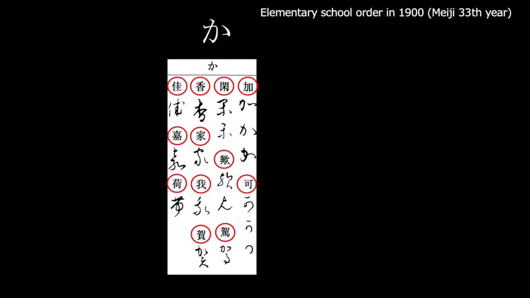For example, in this hiragana ka, there used to be 12 jibo to write this one character, but in Meiji 33rd year, the Japanese government decided that we should use only one jibo to represent each hiragana character. So instead of 12 jibo, they chose only this one, and this one represents the hiragana ka that we use today. And they eliminated the other jibo from being written as hiragana ka.